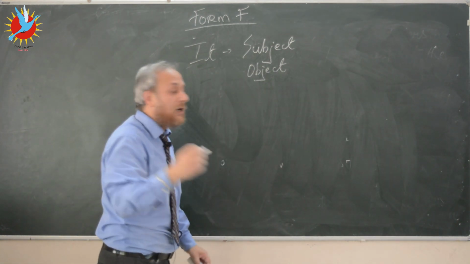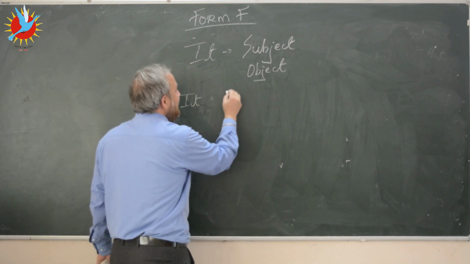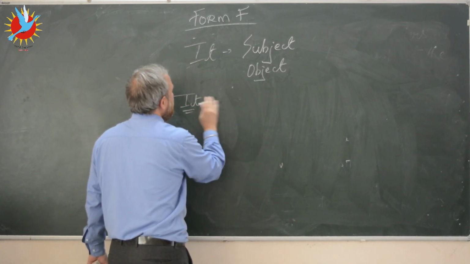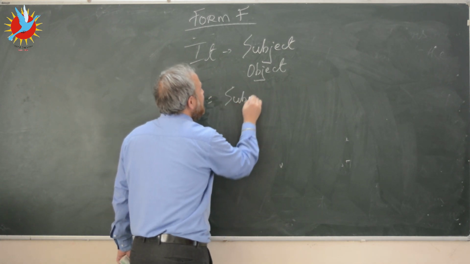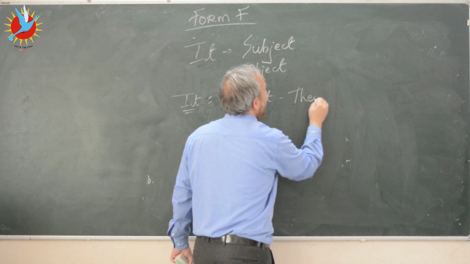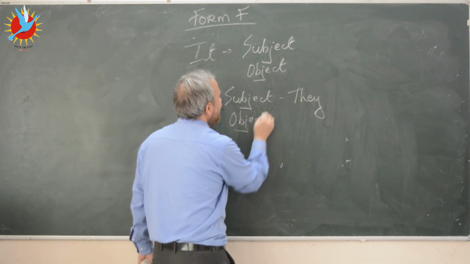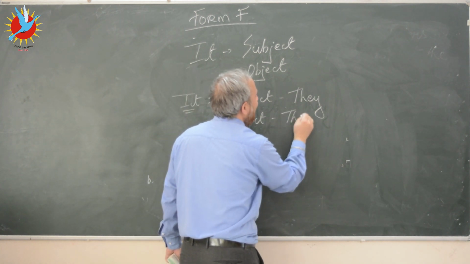What about the plural forms of it? Simple. In the subject position, you have they. And in the object position, you have them.